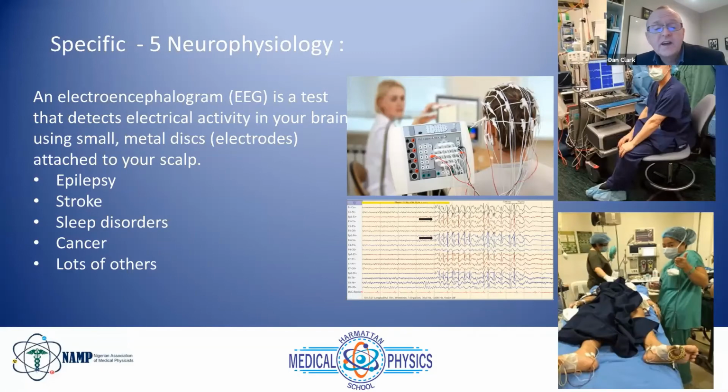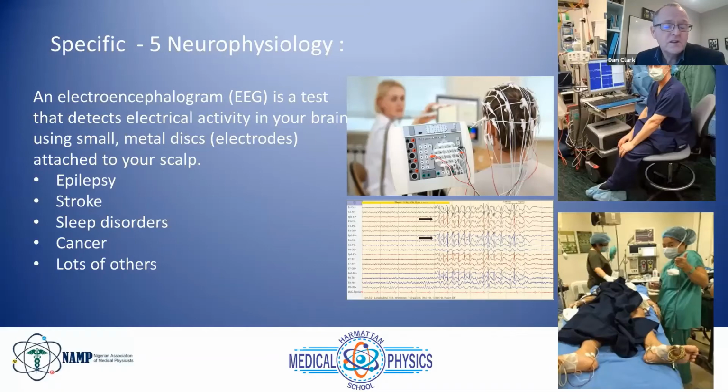And this can be used to detect and identify a whole range of problems that people might have with brain activity. Most typically, physiological measurement, neurophysiology like this, is used to detect and describe the nature of epilepsy, for example, or to measure the damage that might have been done to somebody's brain post having had a stroke.